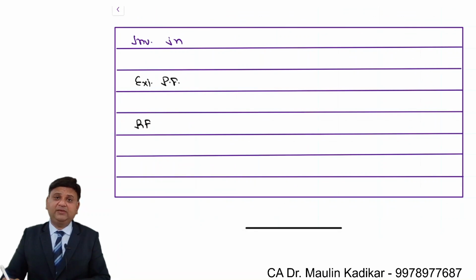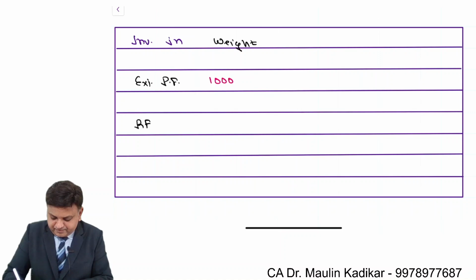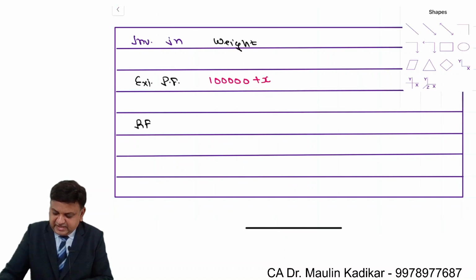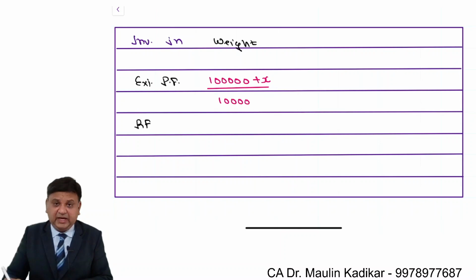Let us assume that we have borrowed an amount equal to X and made investment in the existing portfolio. So as far as the weight is concerned, weight is 1 lakh plus X divided by 1 lakh. That is amount of investment divided by amount held.